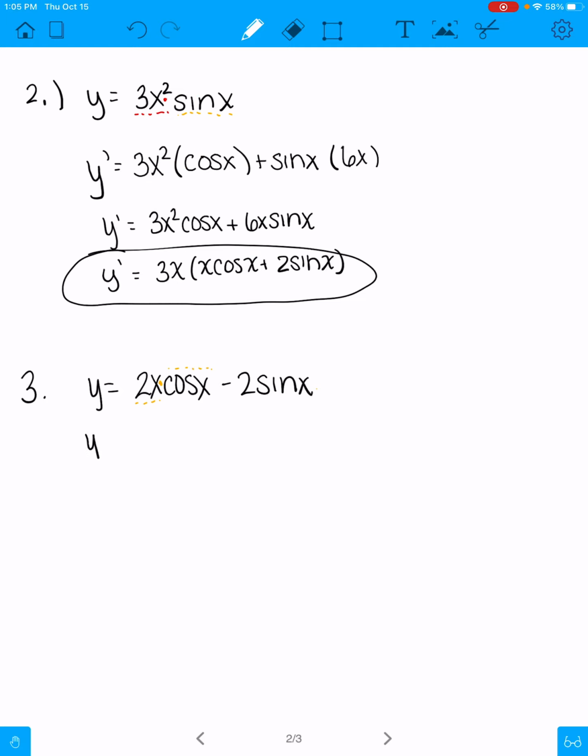So for our first derivative here, I can do my first term, 2x, times the derivative of cosine, which is negative sine, plus my second term, cosine, times the derivative of the first, 2. I have a minus, so now I'm at a minus 2, and the derivative of sine is just cosine.